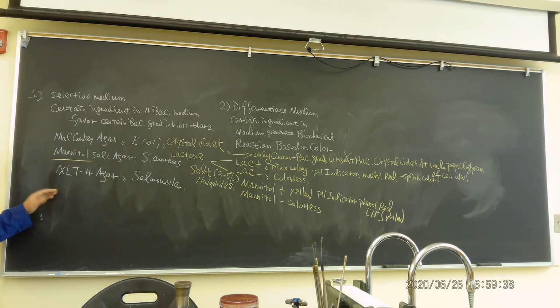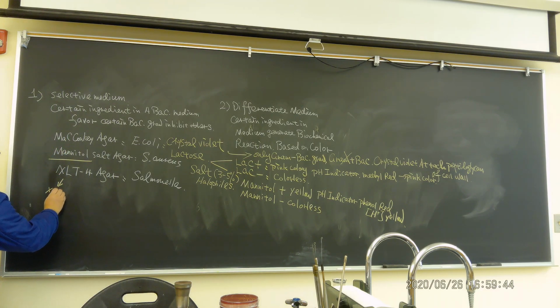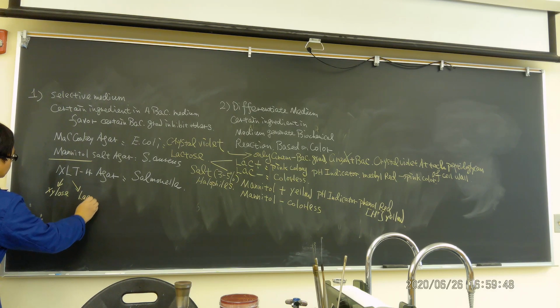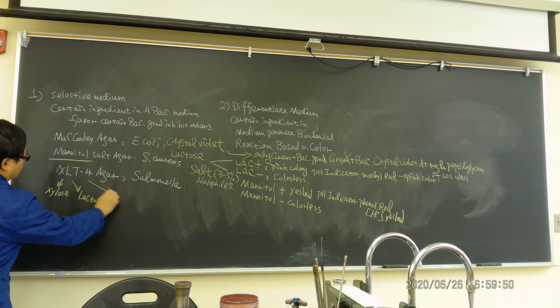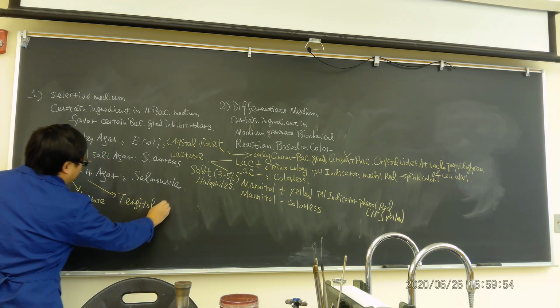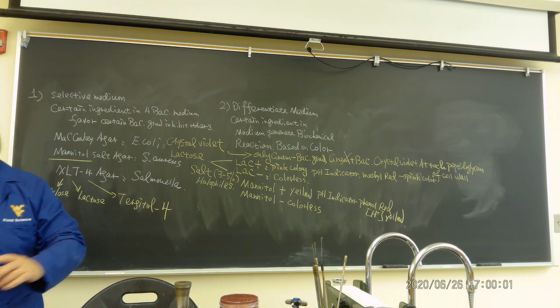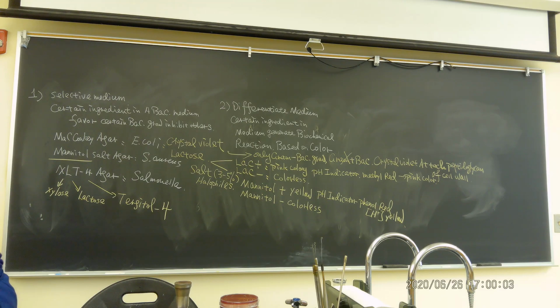Now the last one I want to mention is XLT4 agar, for Salmonella. What does X mean? Xylose. Lactose. T is Tergitol. Okay? XLT4 agar, I just want to make sure what I'm saying is correct.